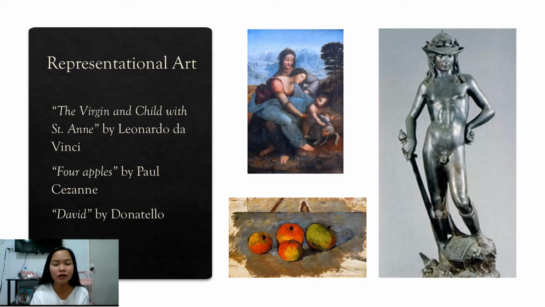So this is clearly a representational art because naay human beings. Ma-recognize nimo ang subject sa art nga ang subject niya is tao, di ba? Or ang focus sa kaning artwork is ang tao, like si Mama Mary, the child, and si Saint Anne. So that's an example of representational art.